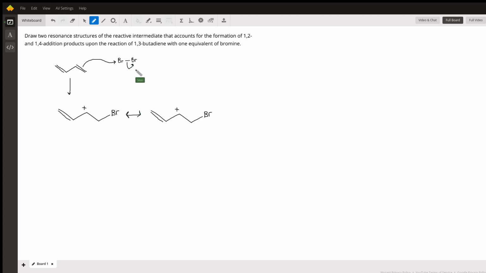Now I'm going to get rid of this plus charge here. None of the carbon-carbon bonds or carbon-bromine bonds are going to change. All that's going to move is lone pairs or pi bonds. We notice here we have a pi bond, and this is allylic. These electrons right here are going to sense that there's a positive charge over there, and they'd like to go hang out with those guys.